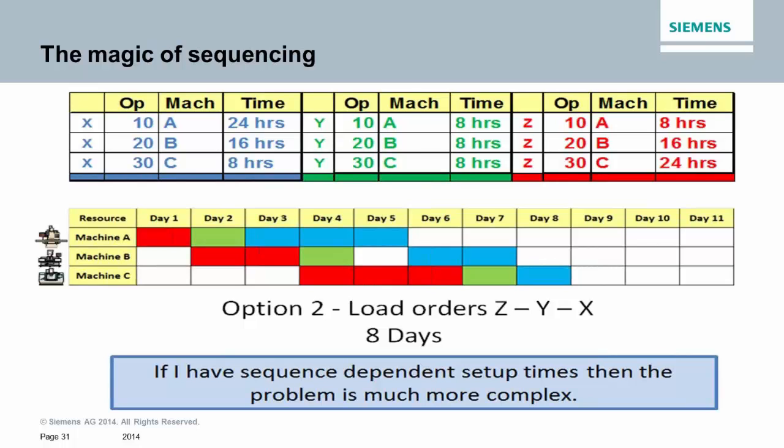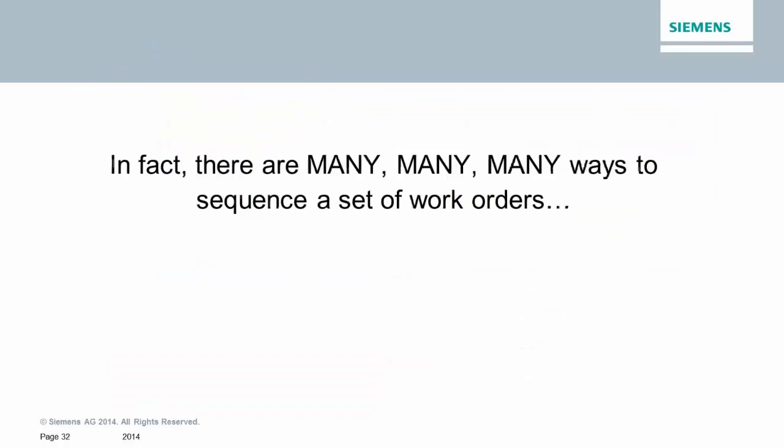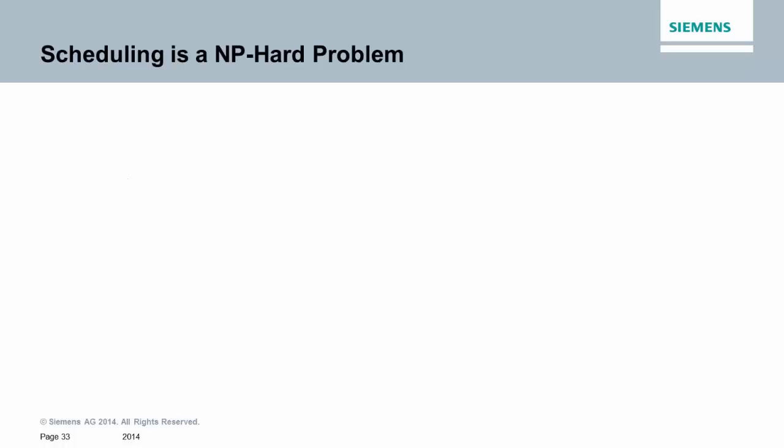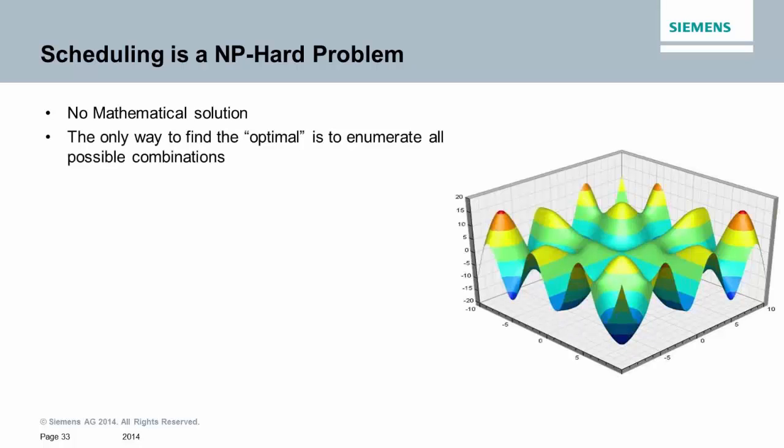Then if we were to introduce sequence-dependent setup time, the problem gets even more complex. So, in fact, there are many, many, many ways to sequence a set of work orders. Scheduling is an NP-hard problem, and my apologies for using an obscure mathematical term, but the point is there's no mathematical solution.